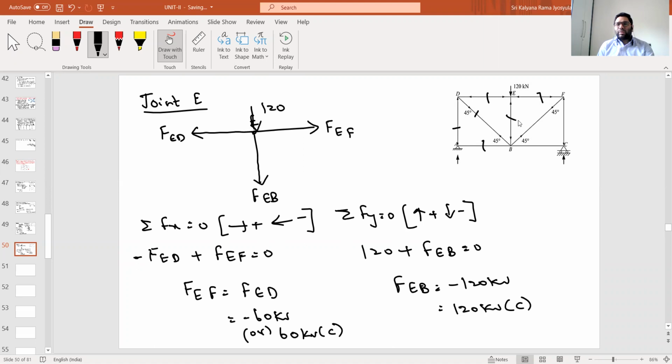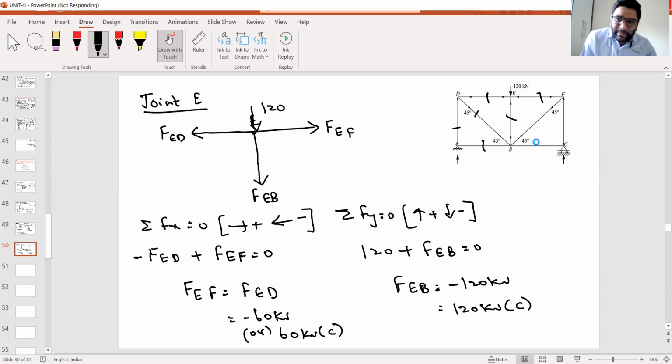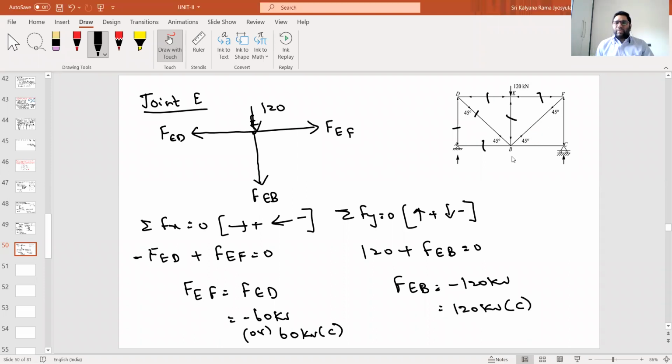So now did we get all? You see here we got this also. If you take joint F, we'll get FB and FC, and then CB.